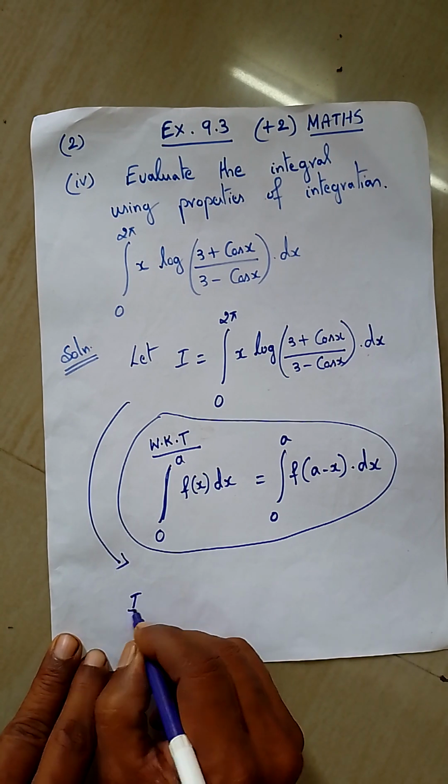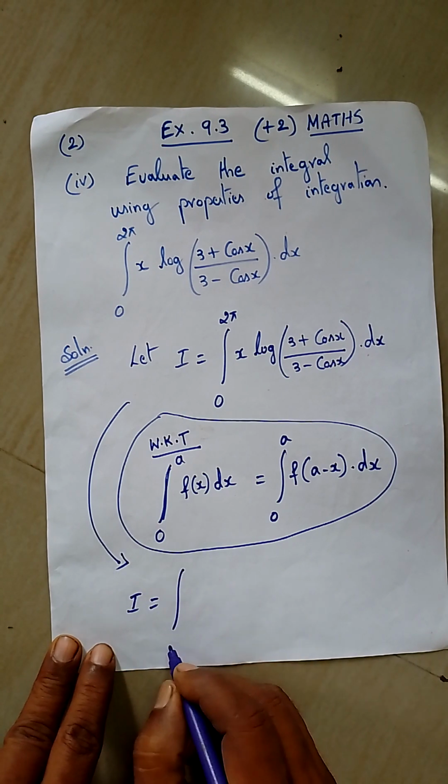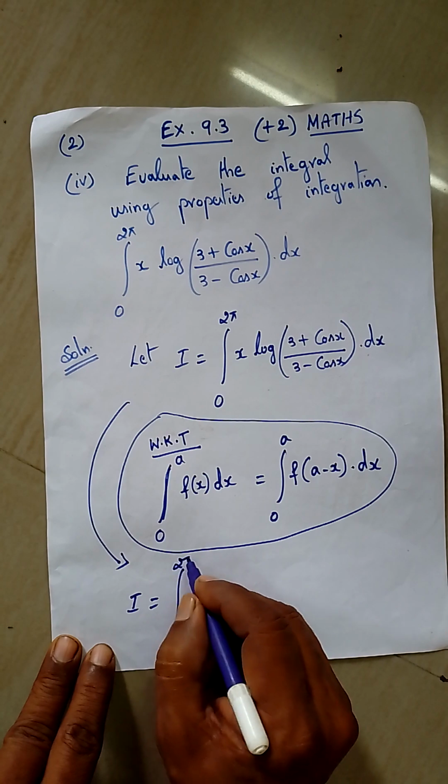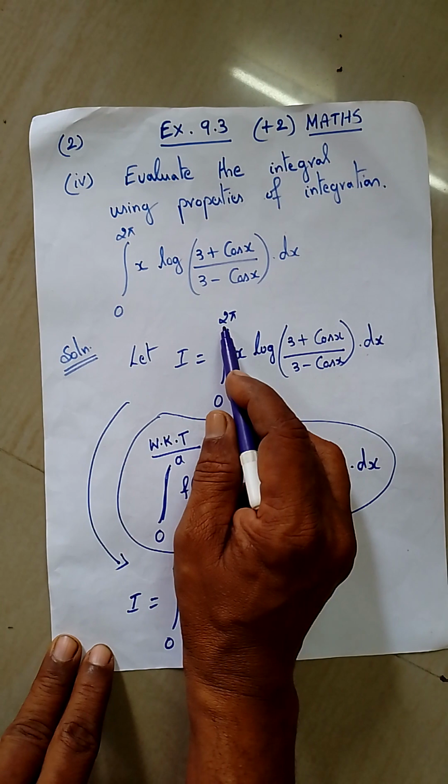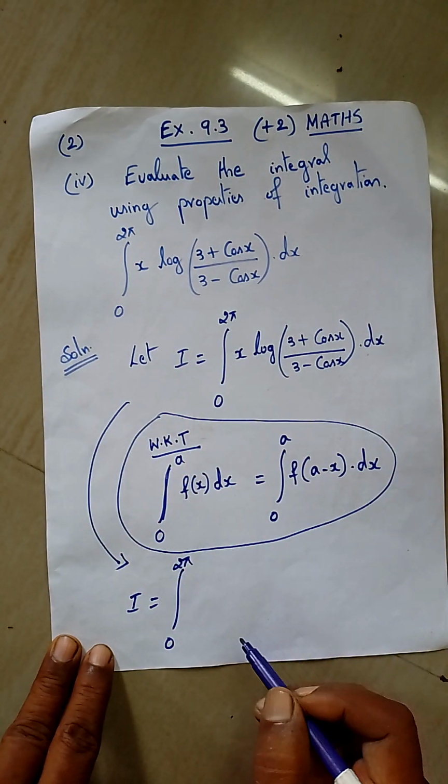Now what happens is, this I is equal to the integral from 0 to 2π. In the place of x, we have to replace it by 2π − x.